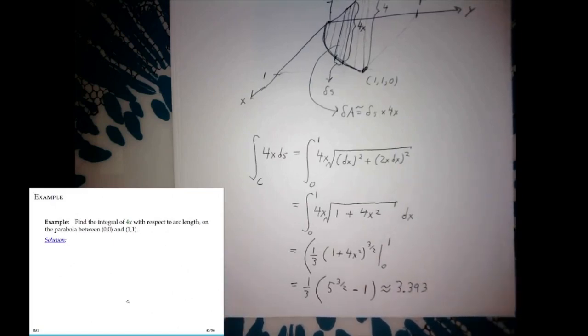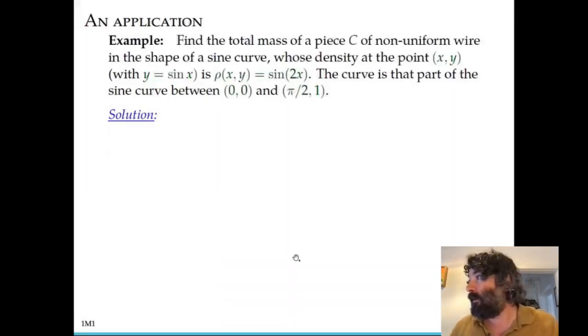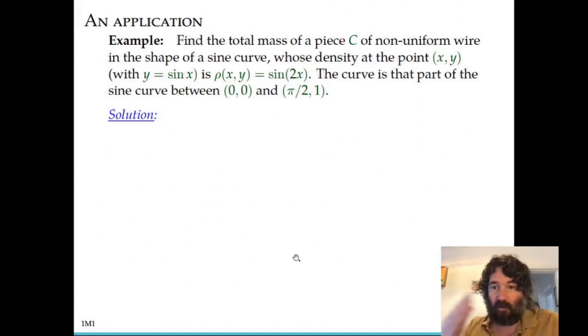Okay, so another example of doing a line integral with respect to arc length. I'm going to do one more example. It's kind of an application, and that's calculating the mass of a wire with varying density along the wire. And the density here is going to be the linear density.